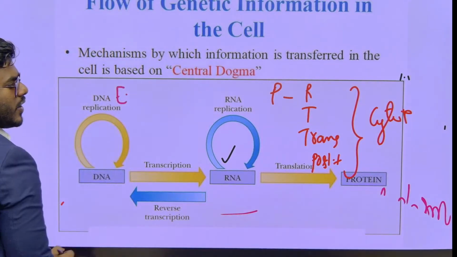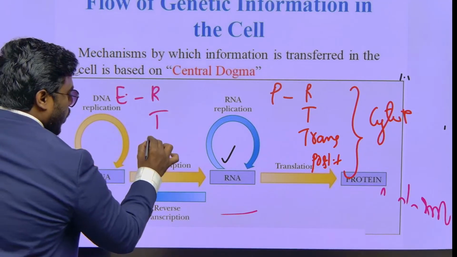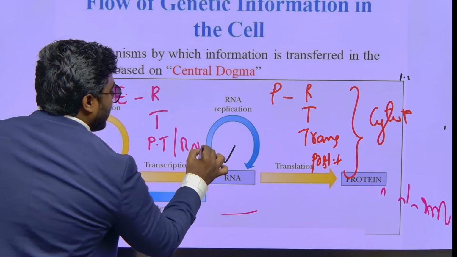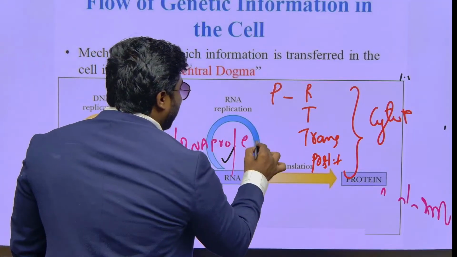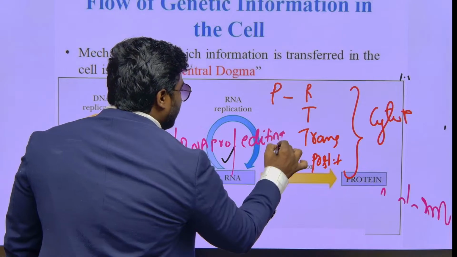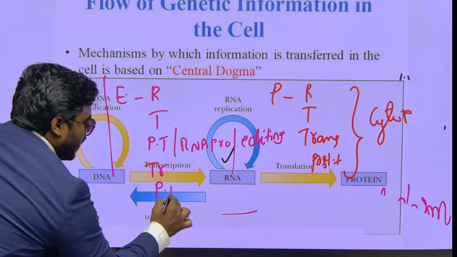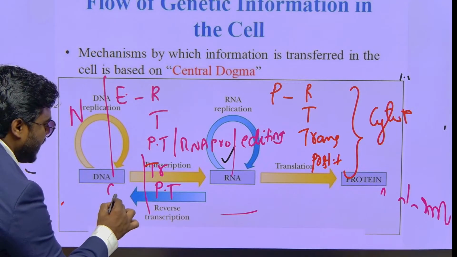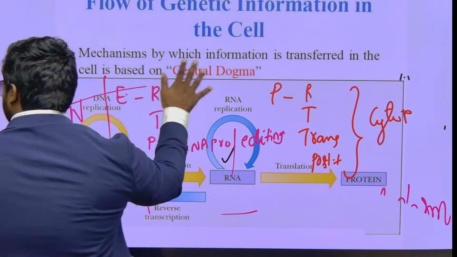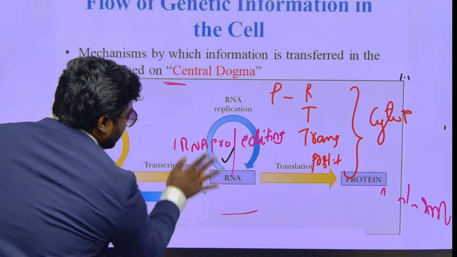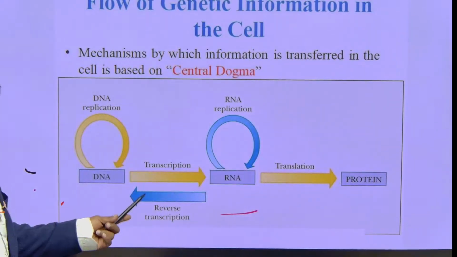In case of eukaryotes, replication, transcription, and post-transcription, which we also call RNA processing, and there is one more step we will read, RNA editing, all happen within the nucleus. Then translation and post-translation happen in the cytoplasm. Correct? There is a great possibility that exams like SET or JAM will definitely ask a question on the location. So it is advisable to understand where exactly these locations are.